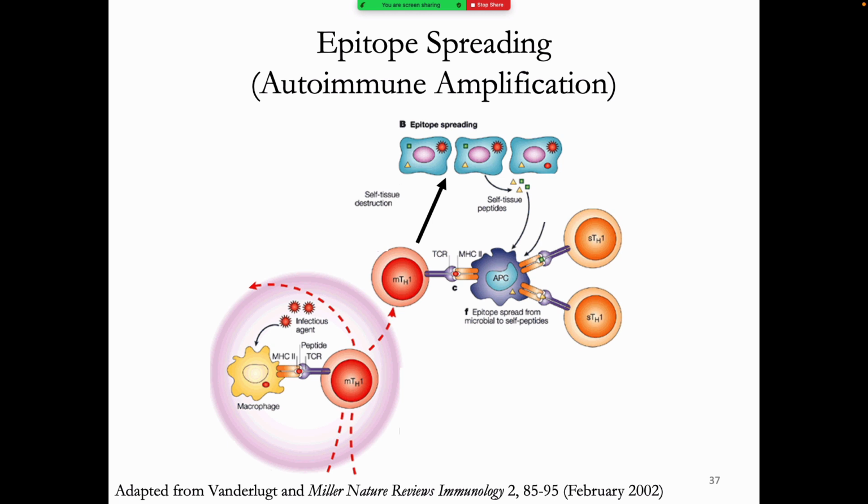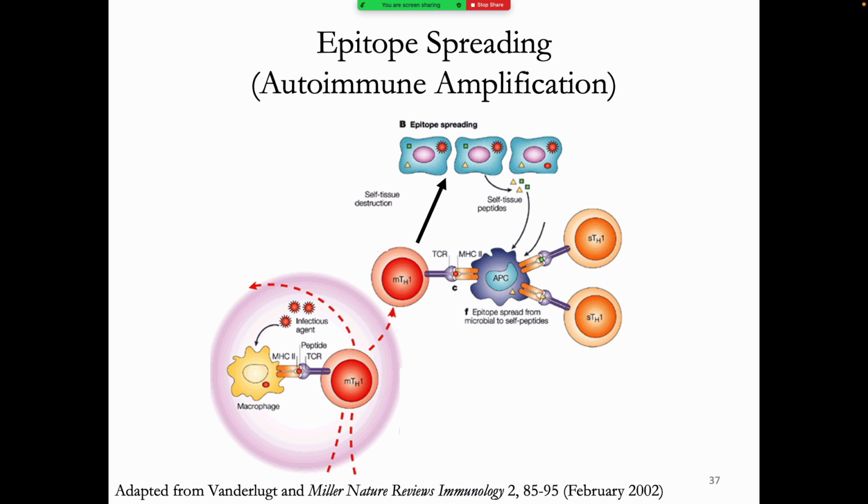And so the idea with epitope spreading is that you might have a self tissue, and you might have a situation where you might, say, have a self cell die. So here, our self cell is going to have this virus, this infectious agent, and we might kill some of those self cells.